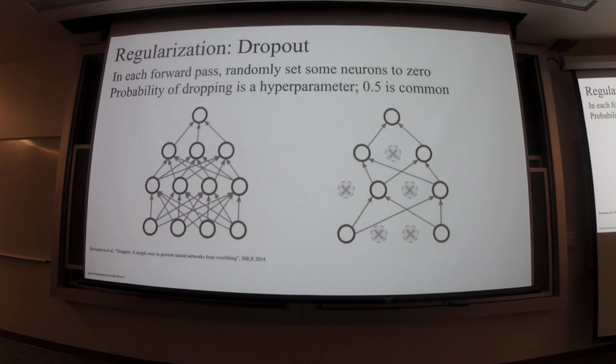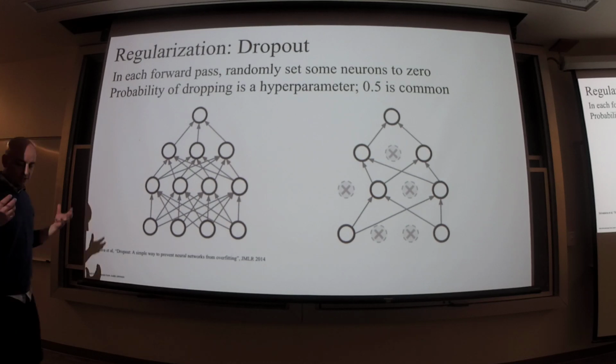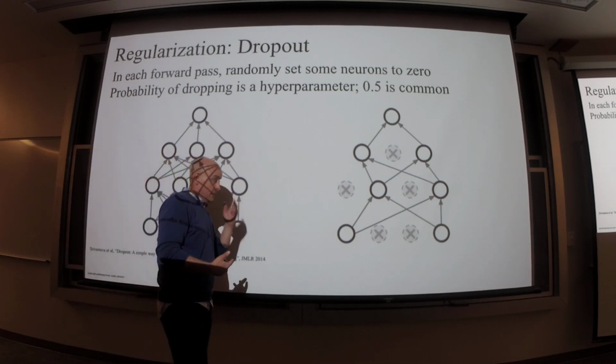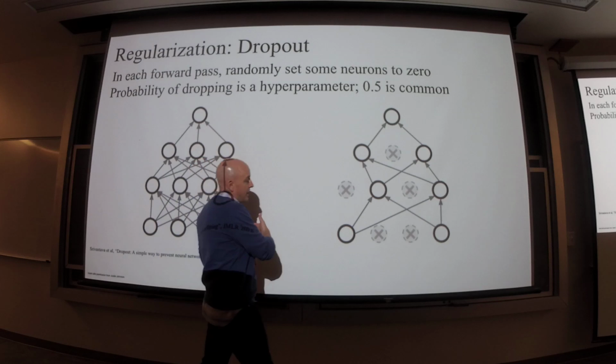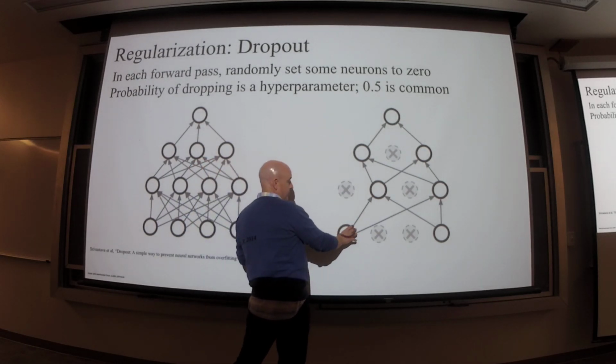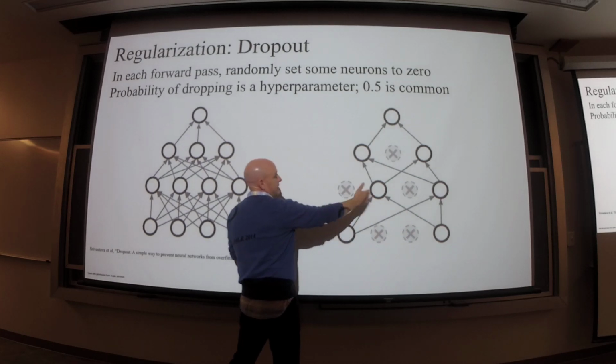Does that make sense? So you choose some probability and you say, okay, here's a batch of data. I'm going to do my forward pass, my backward pass. With that probability, I'm going to sample a bunch of random numbers and say, okay, this one is going to be here. This one's not. This one's not. This one is, and so forth.